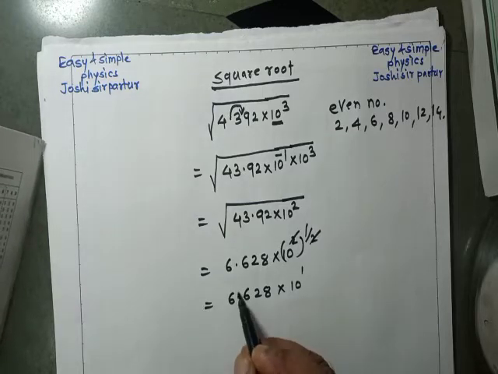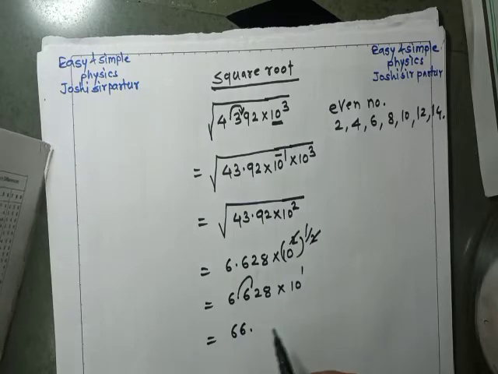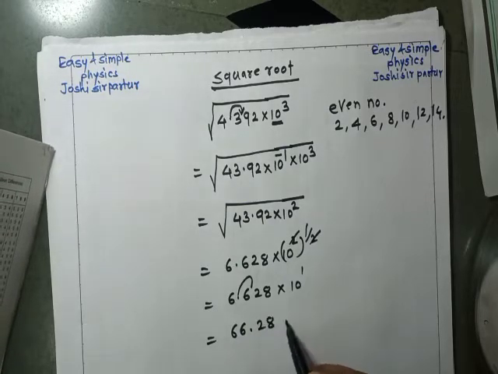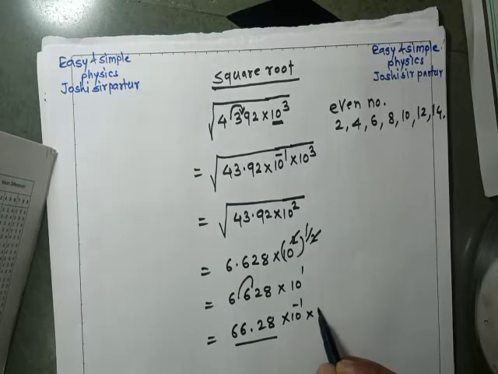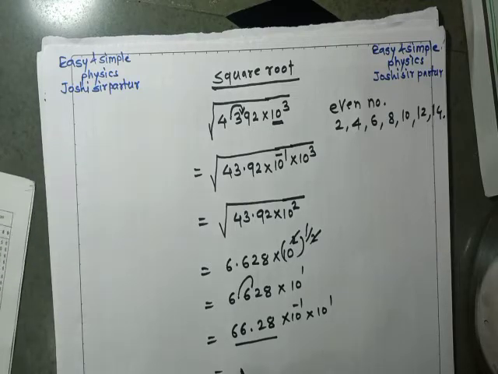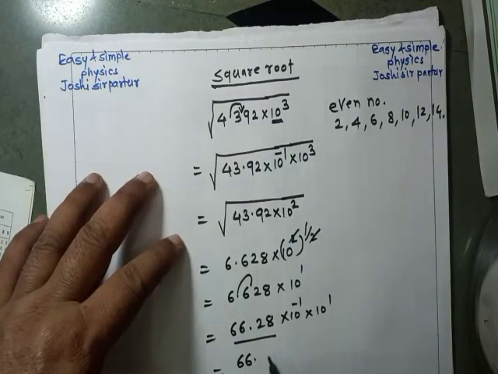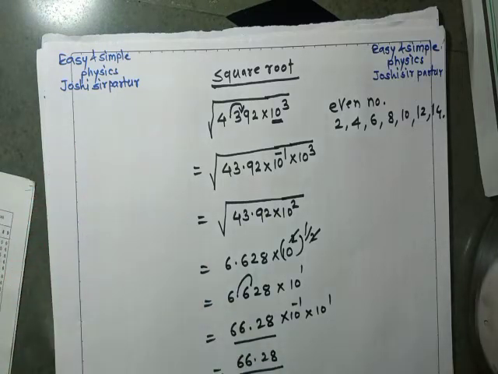Since we shifted the decimal point, your answer will be 66.28 into 10 to the power minus 1 into 10 to the power 1. So 1 and minus 1 become 0. So the answer will be 66.28.